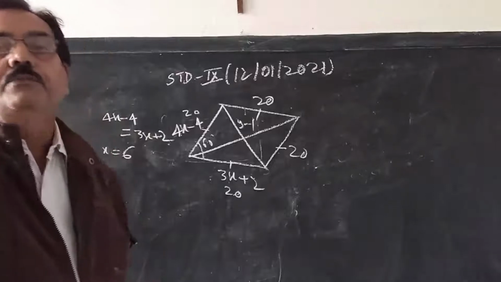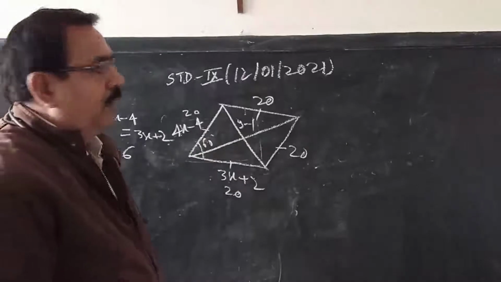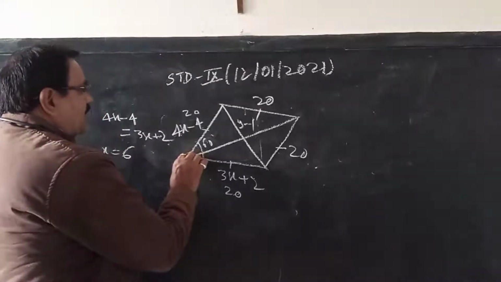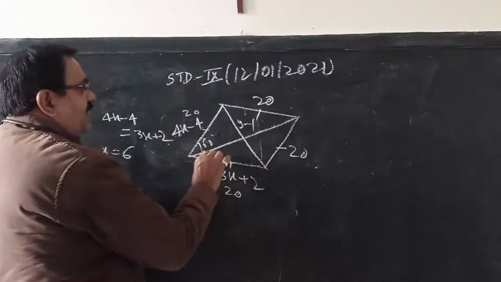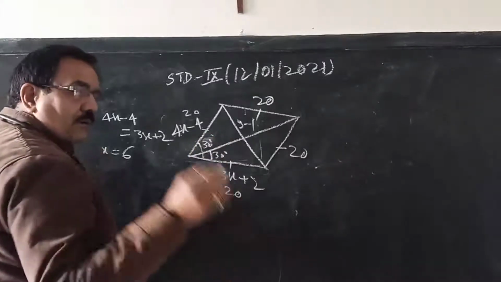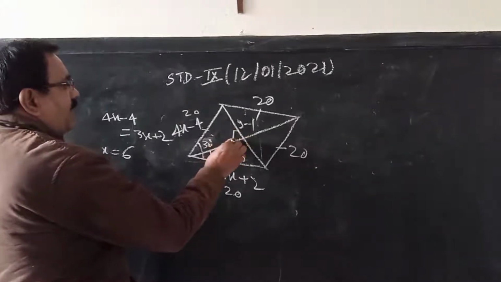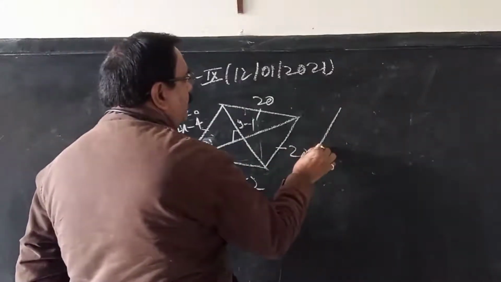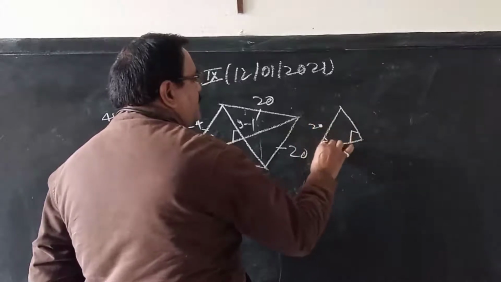Now we have to find the value of y. Come again to the property of the rhombus: diagonals bisect the vertex angle. This vertex angle is given as 60, and this is a diagonal, so it will bisect the angle. This will be 30 degrees and this is also 30 degrees. Also, the diagonals intersect at 90 degrees. So this is 90, this is 20, this is 30 degrees.